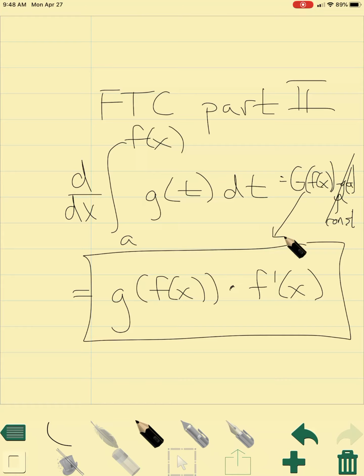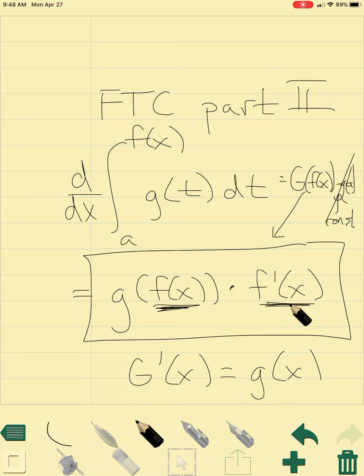Then the derivative of capital G is just equal to lowercase g, because it's the antiderivative. Just by using the chain rule, since we have this function on the inside, we need to multiply by the derivative on the outside. So that's a good thought as we go through and do it.